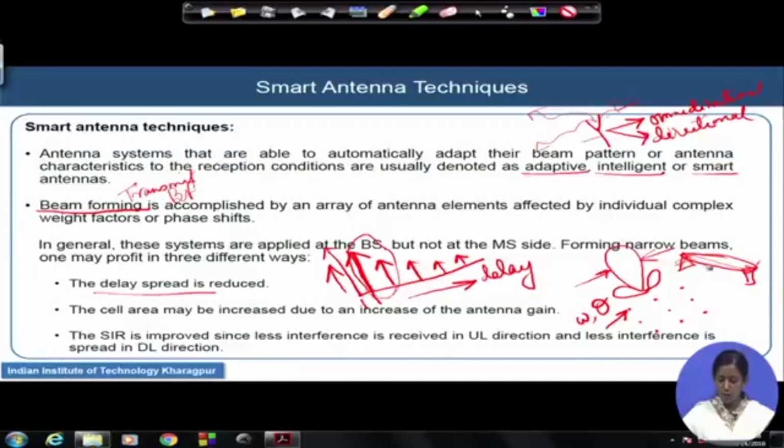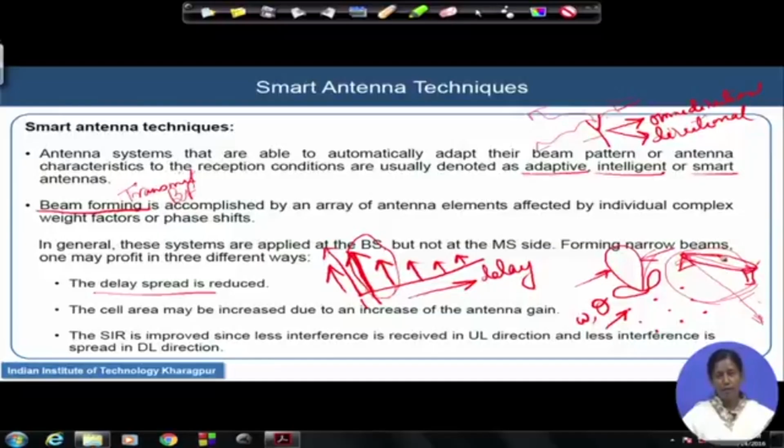Now you can increase the distance between the transmitter and the mobile station. Earlier the cell size was like this with omnidirectional transmission, and with directional transmission your cell area can be increased. And even if you are confined to the earlier cell area, your signal to interference ratio is heavily improved.